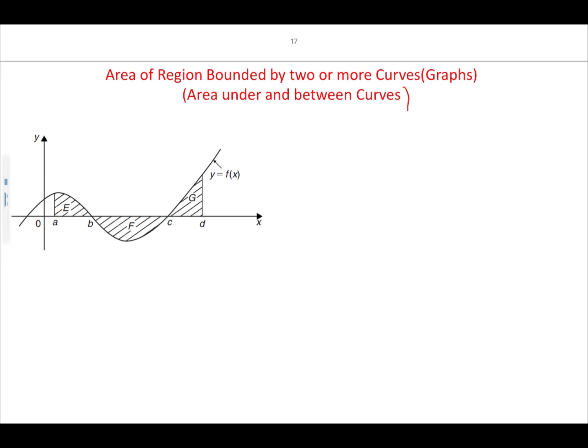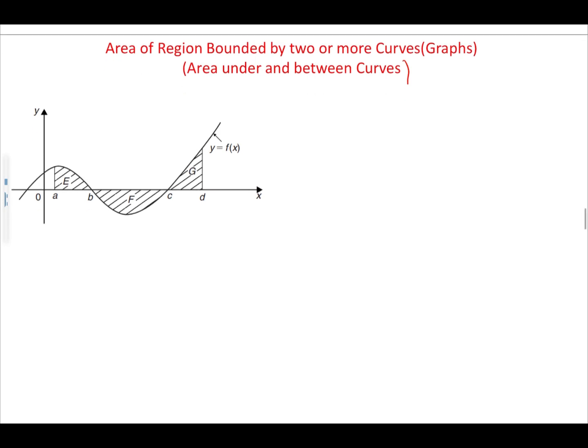And here we go. Let's see this diagram over here.